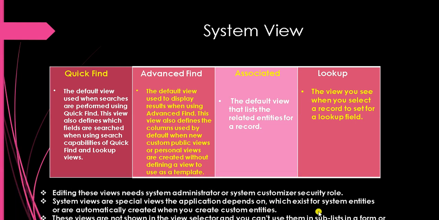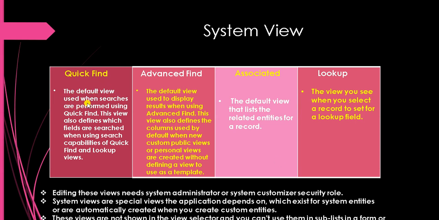You can't use them in subgrids in a form. But public views can be used within a form, within a subgrid, and they can be added in the dashboard, but system views cannot be selected in that way.